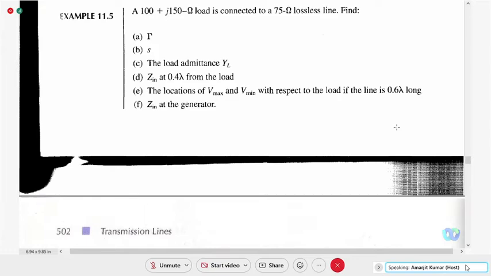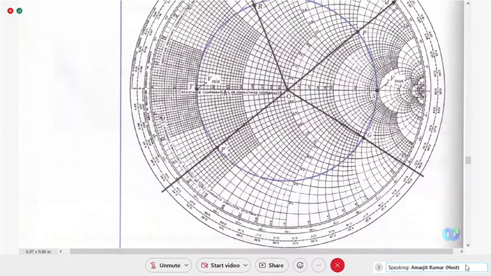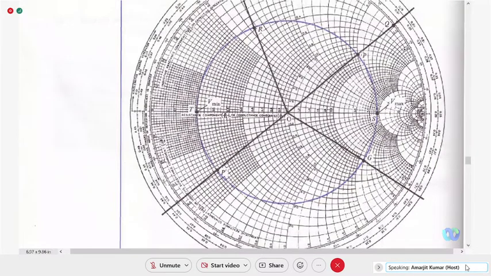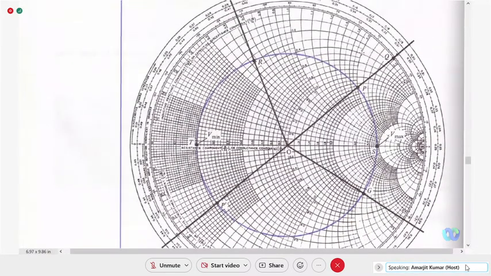That will give you the input impedance on the Smith chart. This is your load point. Now from here you have to move 288 degrees. So when you move 288 degrees from this load point in the clockwise direction, you will reach here.